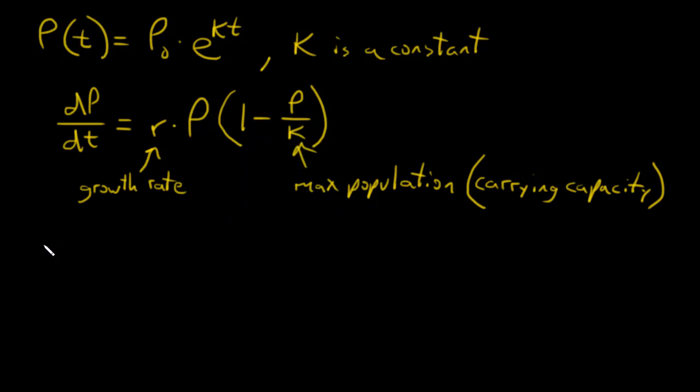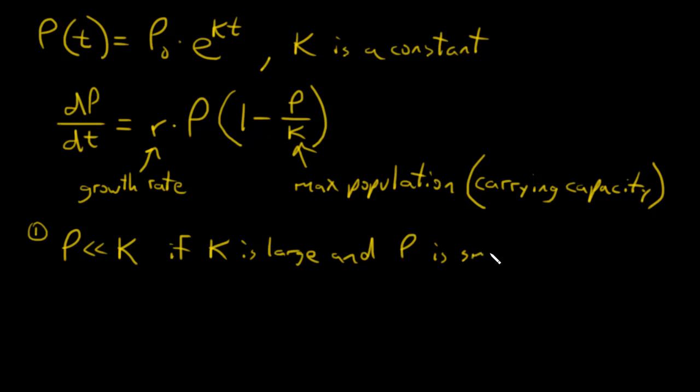All right, so we're going to look at two cases. The first case, we're going to look at where the population is much less than the max population. So assume we have a very, very, very large maximum population and a very small actual population. So if K is large and P is small, then P divided by K is approximately 0.